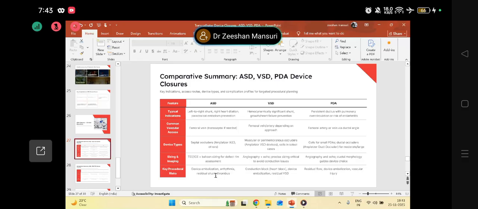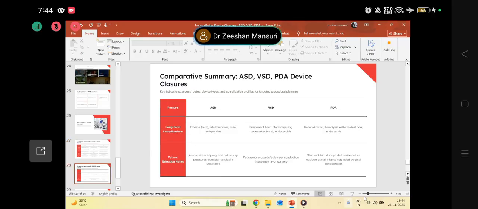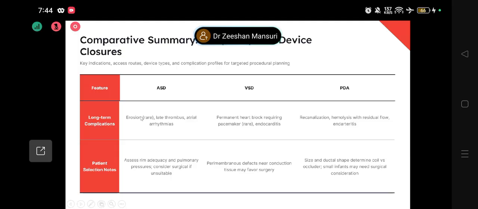And the risk of arrhythmia, embolization, residual shunt, thrombus and pericardial effusion is almost always there. Long-term complications are very rare, but the patient may have erosion of the device, infective endocarditis of the device, or thrombus formation over the device.